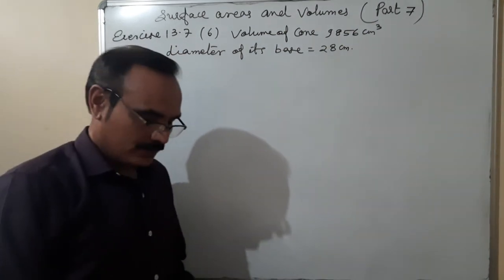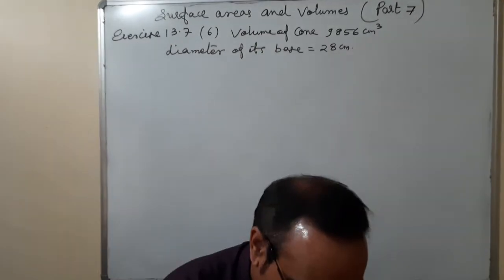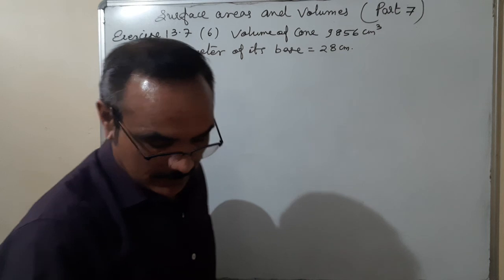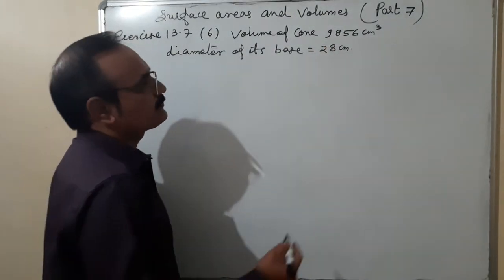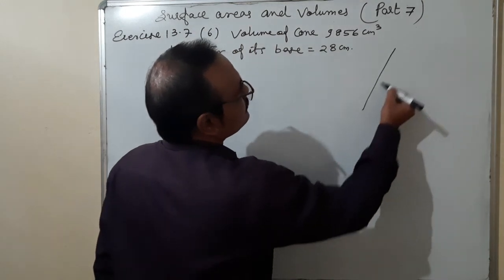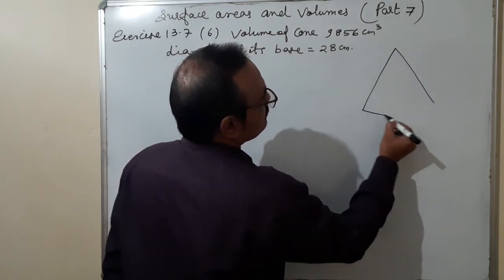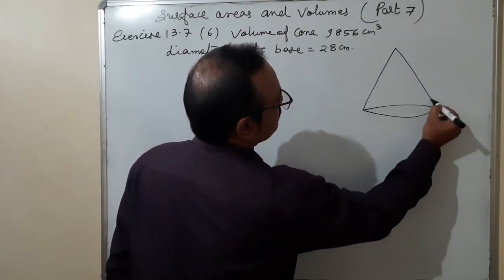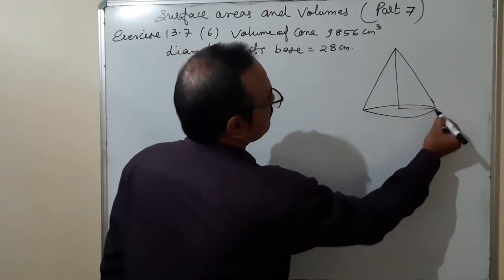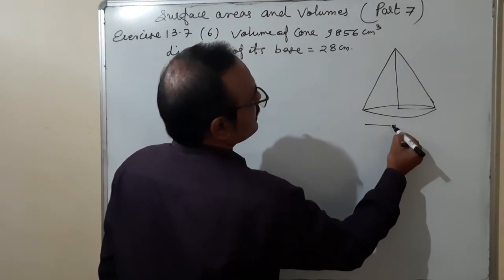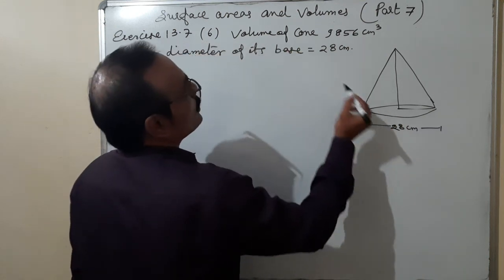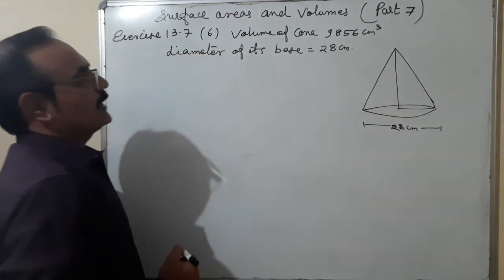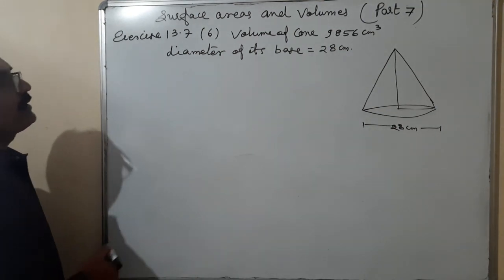Find three things: height, slant height and curved surface area. Radius is given. Diameter 28 centimeter and volume is 9856.